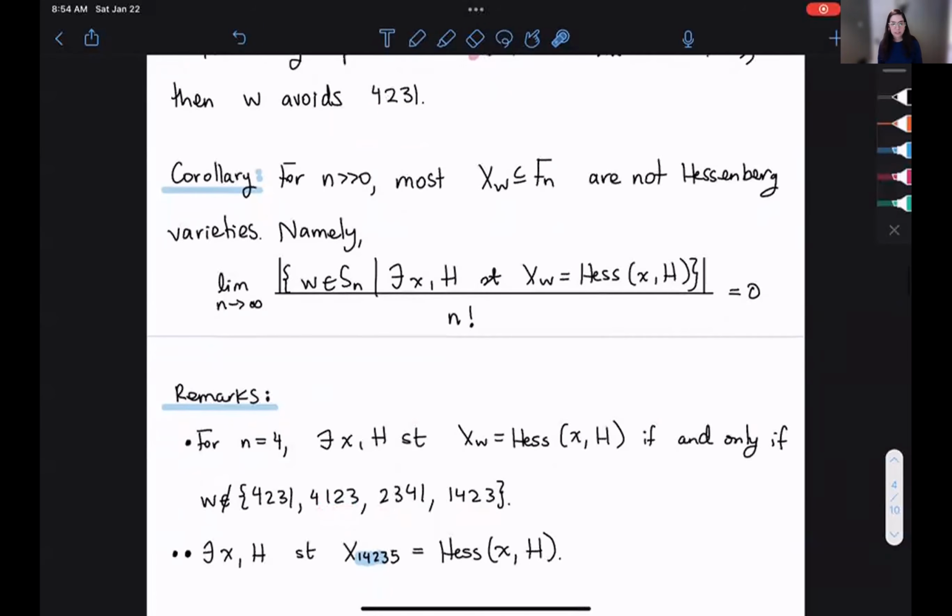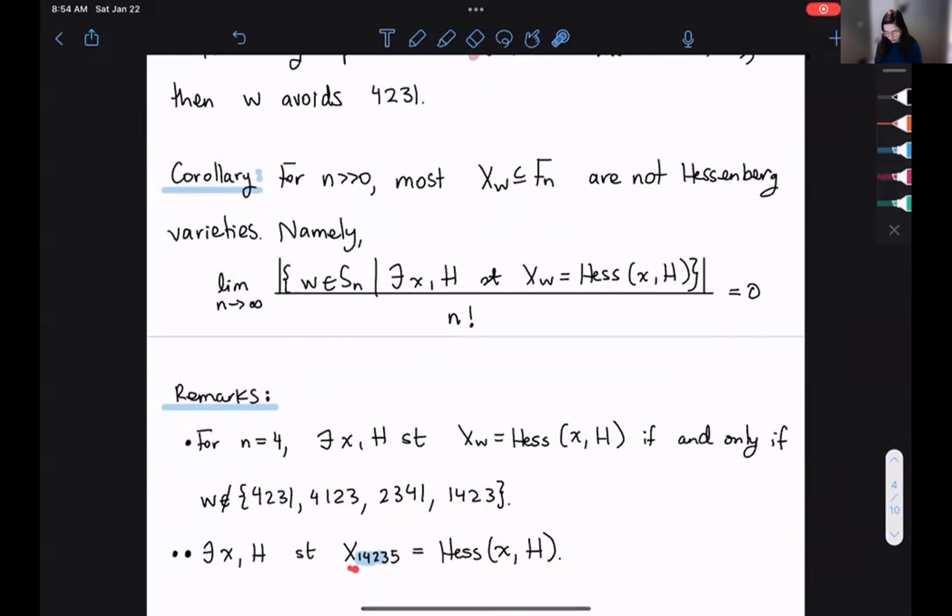And on the other hand, this second remark tells us that pattern avoidance is not going to characterize which Schubert varieties are Hessenberg varieties because, well, we just said a Schubert variety associated to this permutation is not a Hessenberg variety, but if we put a 5 at the end, it is.